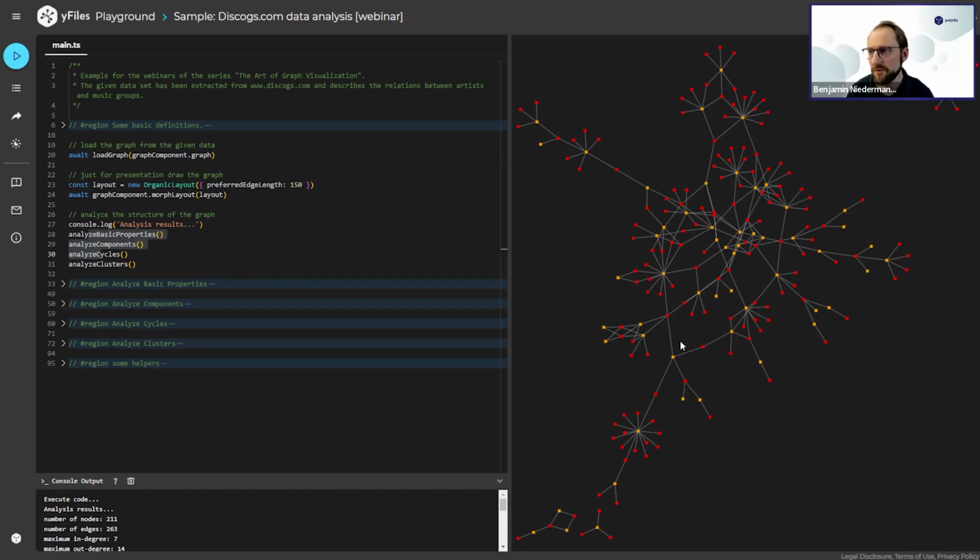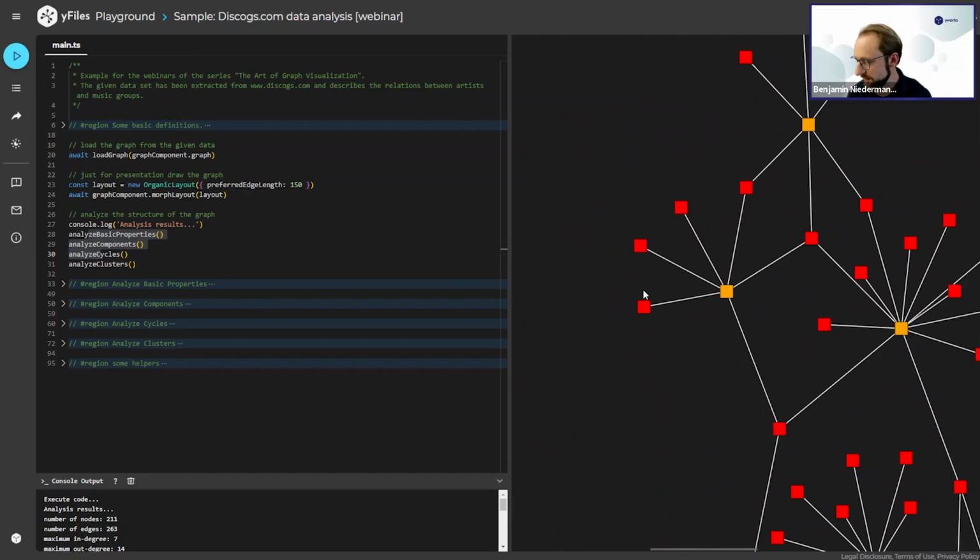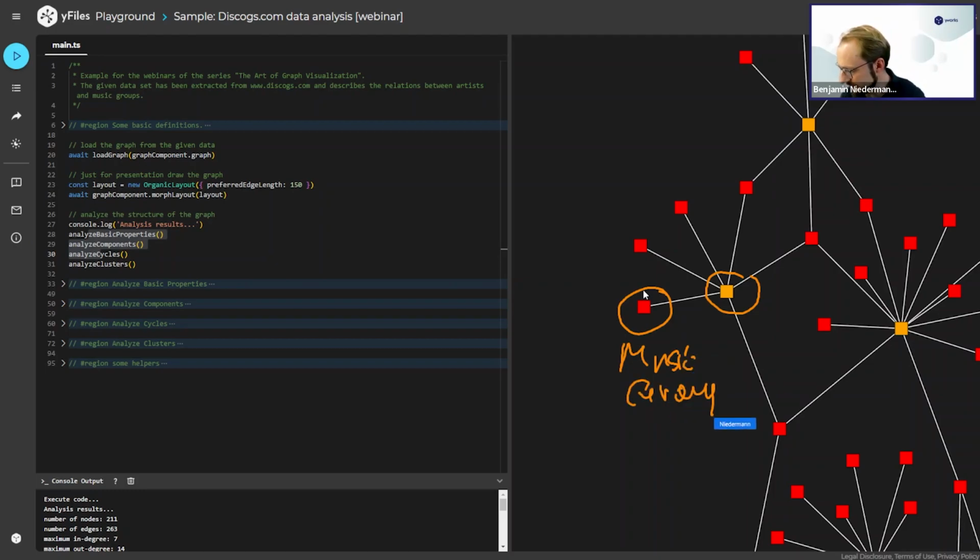And now I should also explain at this point how I connect these nodes. So if we look at this, as I said, this is a music group and this is an artist.